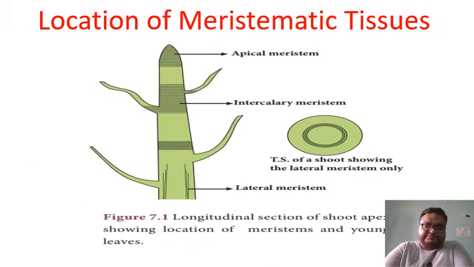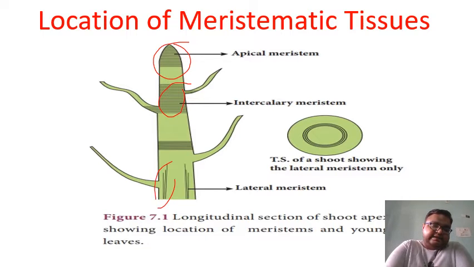Very good. Now, students, here you can see that there are some types of tissues present here, right? And they are here also. So these are the locations of the meristematic tissue, right? This is present on the tip, this is present in between, and this is present on the sides. Right, students?